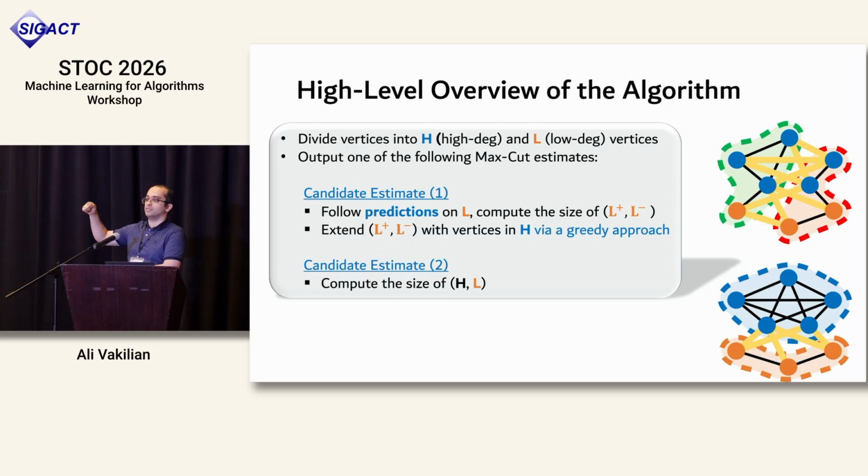Whenever a new high-degree vertex arrives, you decide which side to put it on according to the number of edges it has to the currently constructed bipartition S and T. So it's basically greedy augmentation for the high-degree vertices. The second solution is to look at the cut between the low-degree and high-degree vertices. One of these two is a half plus epsilon approximate solution.